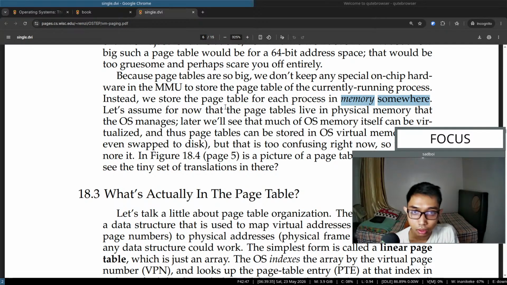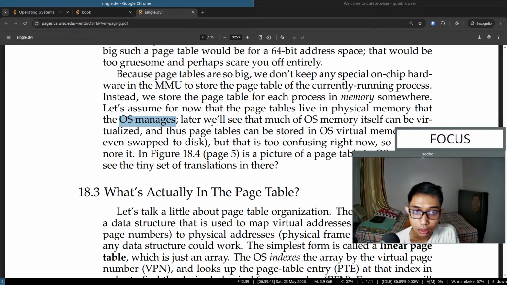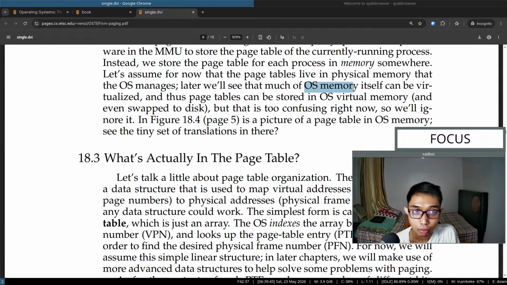Let's assume for now that the page tables live in physical memory that the operating system manages. Later, we will see that much of operating system memory itself can be virtualized, and those page tables can be stored in operating system virtual memory and even swapped to disk.